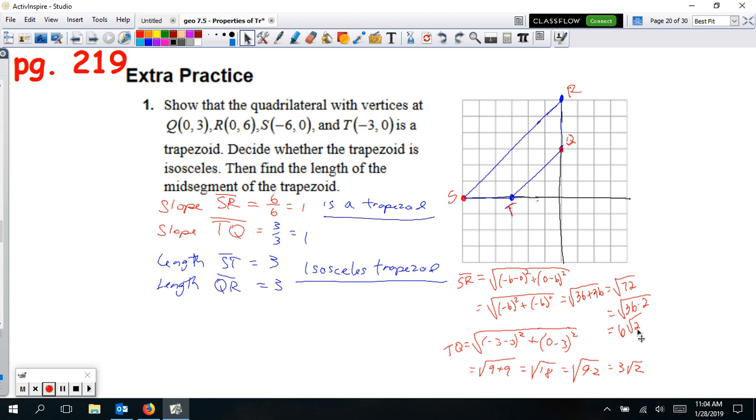That helps us because these are like radicals now, so we can just add the 6 and the 3 when we want to find the midsegment of this. To do the midsegment, it's going to be adding these two together and then multiplying by a half, or dividing by 2.